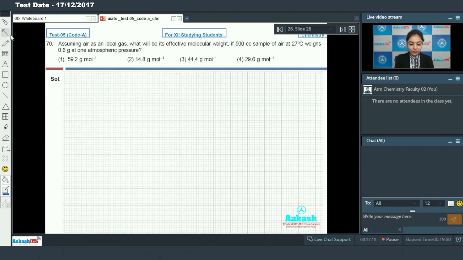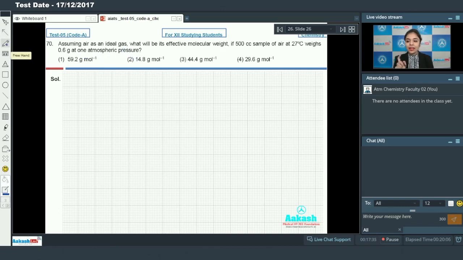You have question number 70, which says, assuming air as an ideal gas, what will be its effective molecular weight if a 500 cc sample of air at 27 degrees Celsius weighs 0.6 gram at 1 atmospheric pressure?